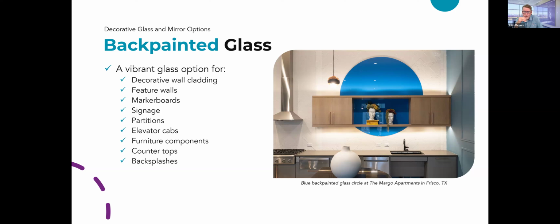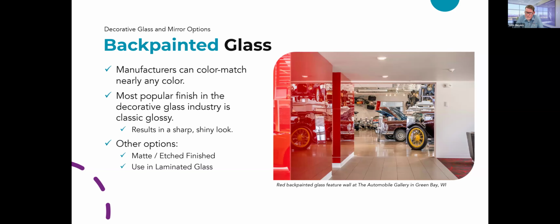Beyond serving as a decorative wall cladding, back-painted glass can also double as a writing surface, increasing the application's possibilities. Back-painted glass can add pop and color and help brighten up interiors, as displayed here in this community kitchen at the Margot Apartments in Frisco, Texas.